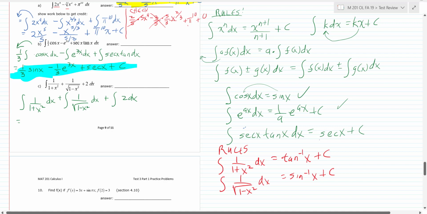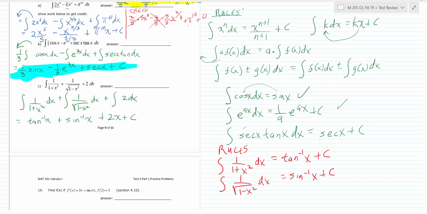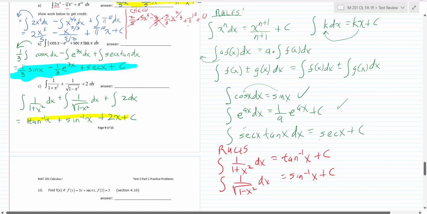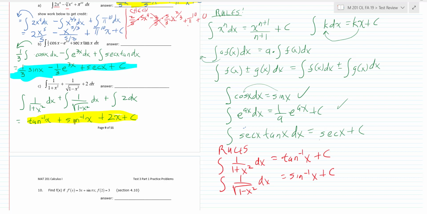So the answer to this problem is inverse tangent plus inverse sine plus 2x plus c. Right, so that's a matter of knowing your basic derivative rules and your basic integral rules. Okay, the antiderivatives you're doing here are very basic, just applying rules.